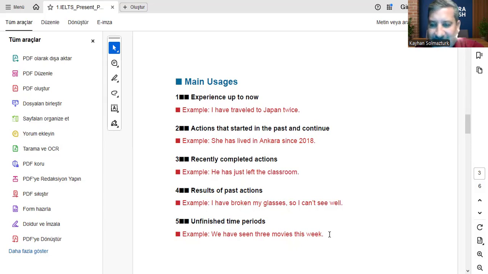So we can see more movies this week. So these are the main usages actually.